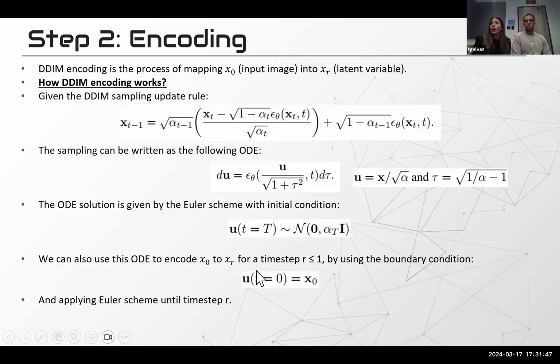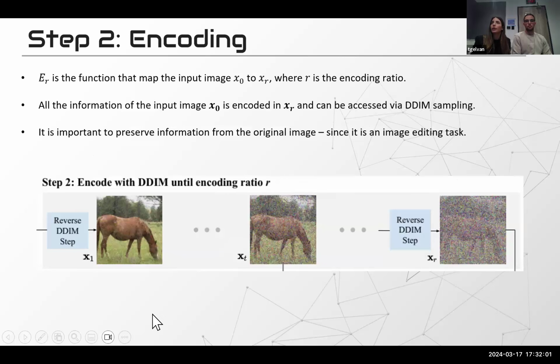By using the following boundary condition on the ODE, which is actually u at time step 0 equals the input image x0. So we will apply this Euler scheme until time step r, which we can see in the following diagram. What we have here is the input image fed into the encoder. Then we perform this reverse DDIM step r times until we result with this x_r, which is our latent.